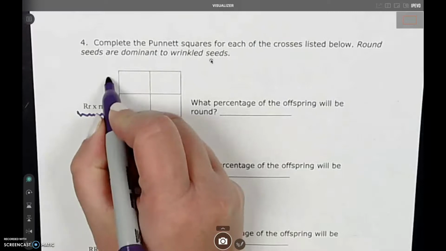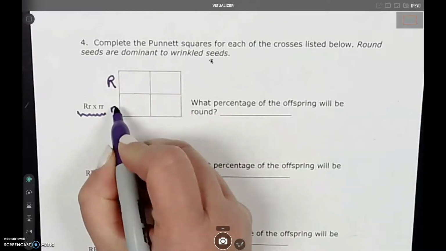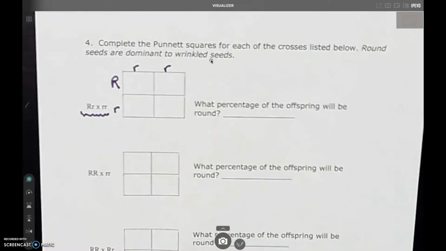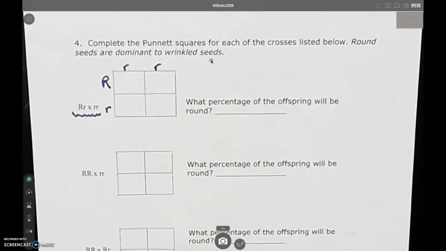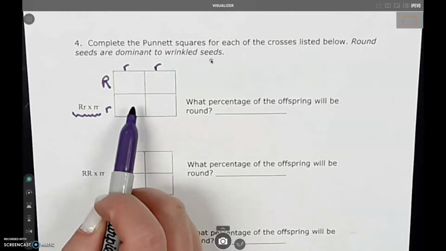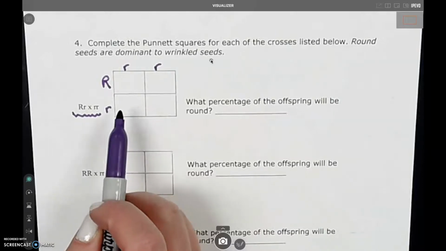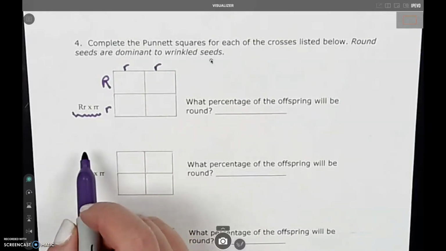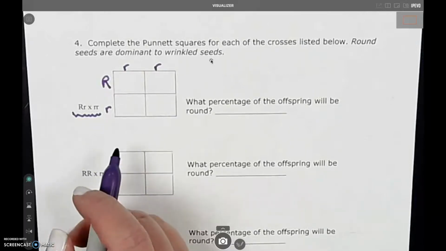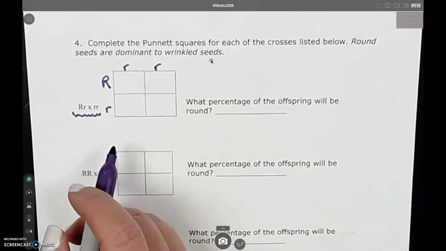One parent goes on the side, and one parent goes across the top, each in their own column or row. So that's why 2 alleles gets us a 4 square Punnett. But tomorrow when I introduce you to 4 alleles at one time, it gets us to a 16 square Punnett. It'll be fun. Hang on for that.